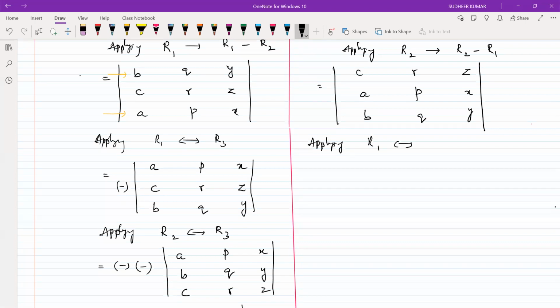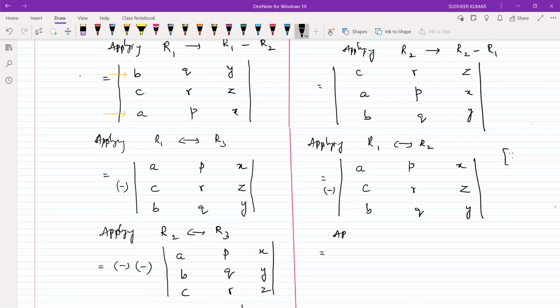So R1 interchanging with R2. Then this result is A, P, X, next C, R, Z, next B, Q, Y. So you should write the statement and we should not forget to write minus. Right? Yes, sir. Next.